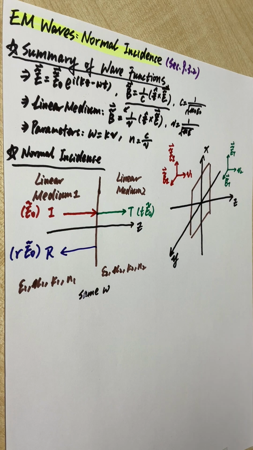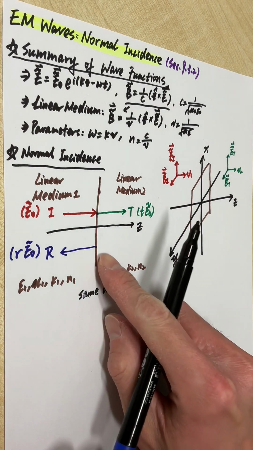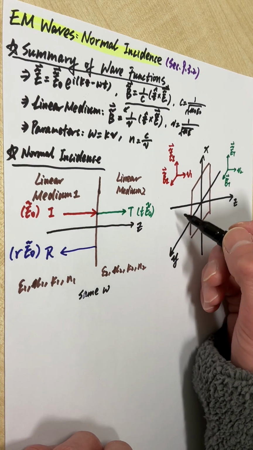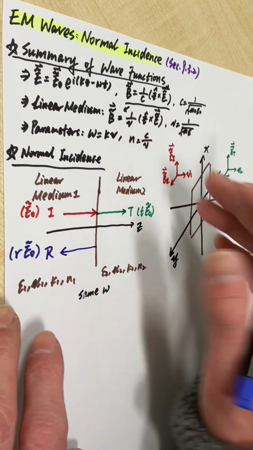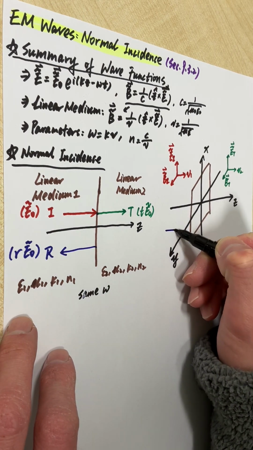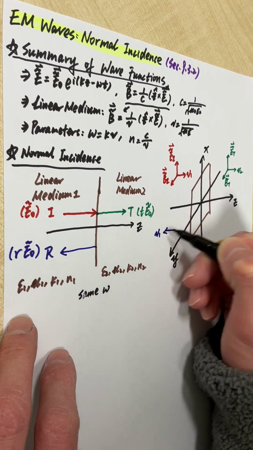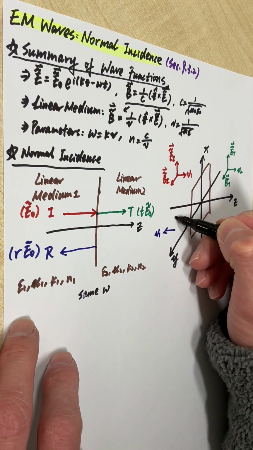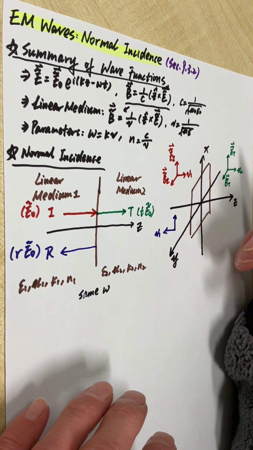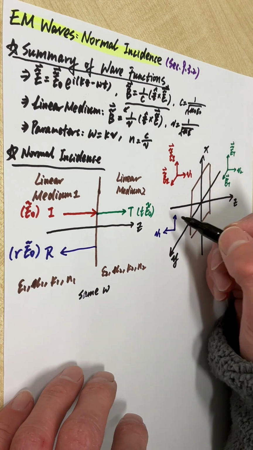Reflection. For the reflection, the wave would go back, so the velocity in the media on the left-hand side is still V1. The electric field direction shouldn't change, because we modulate our message onto the electric field.